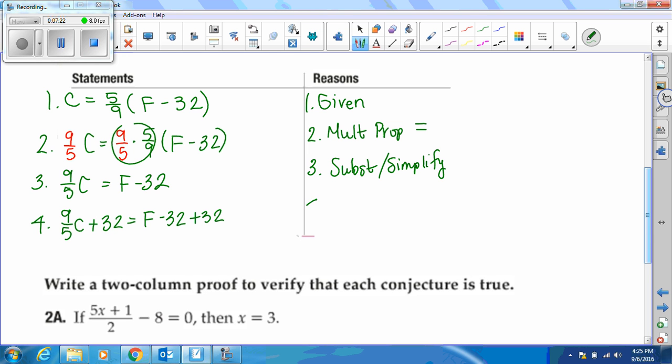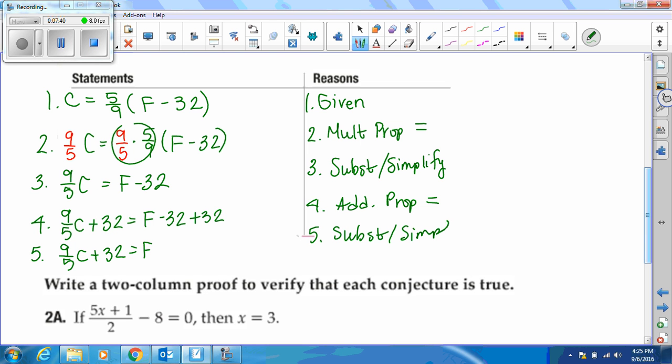That's addition. And I'm going to simplify that. And then I'm going to rewrite it with F on the left. And it has to look exactly like what they're asking us to prove. And that's symmetric.